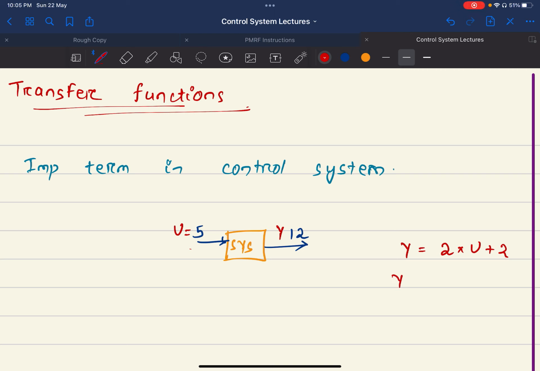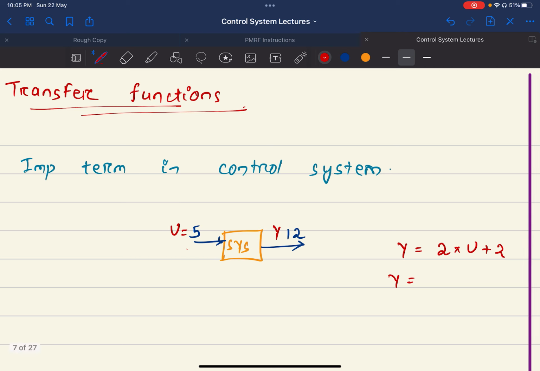y can also be 2.4 times u directly, or y can be 3u minus 3. So it can be anything unless I'm sure about it. So I'll put another input. Let's assume u is equal to 10.